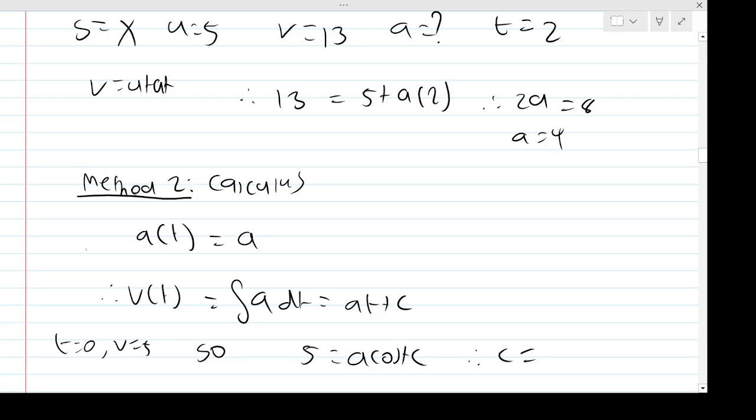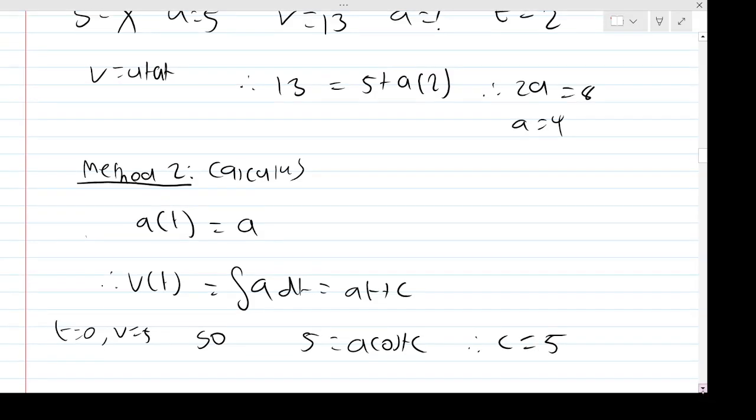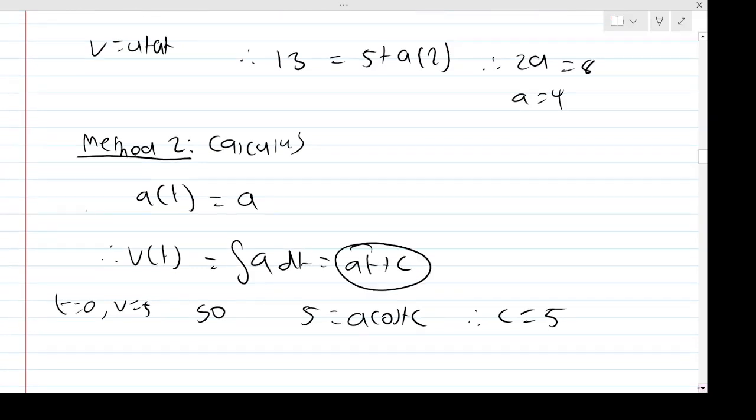Therefore, c is 5, sorry. So, if this is my velocity function, then that means my velocity is at plus 5. There we are. Okay.